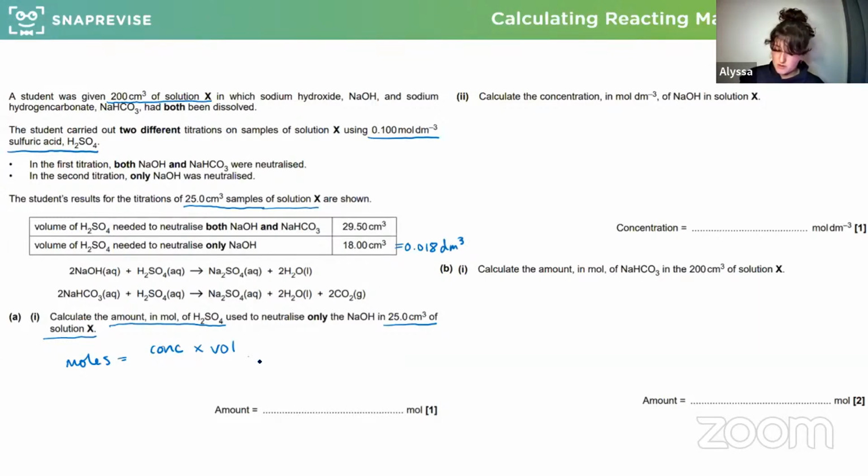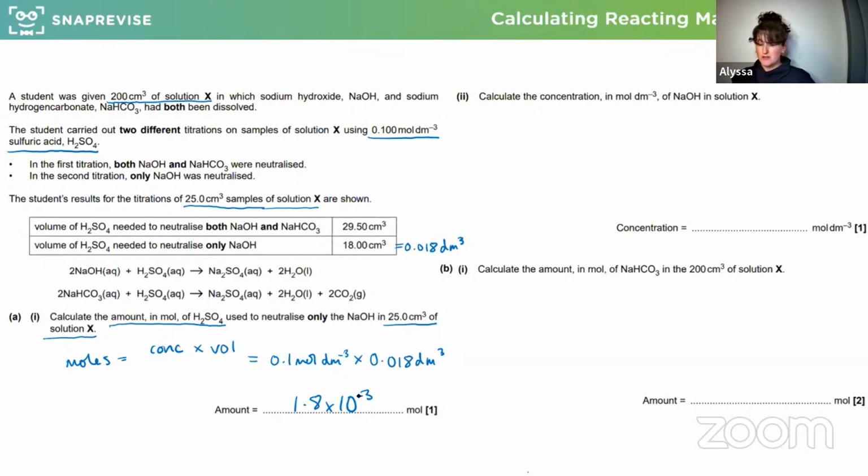So moles equals conc times volume. My concentration, we've said, is 0.1 moles per dm³, times the volume, which is 0.018 dm³, means our answer is 1.8 times 10 to the minus 3 moles.